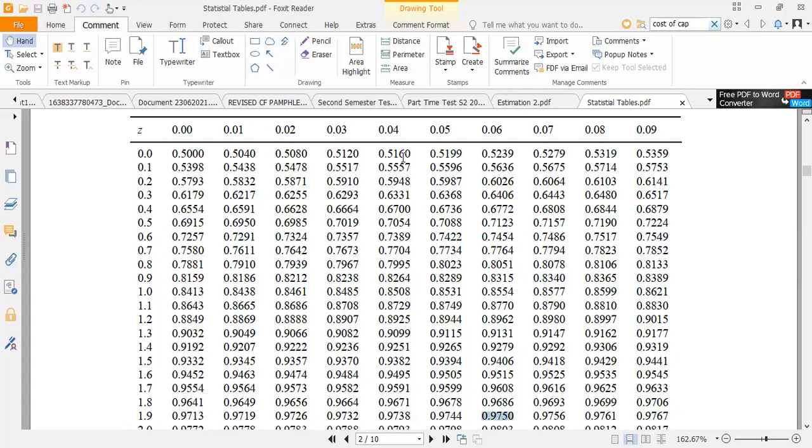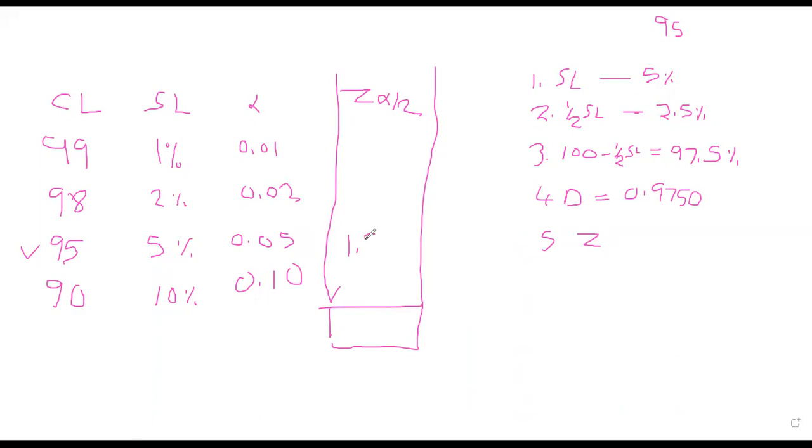If you don't find the exact figure, you find what is closer. So what is a Z at 0.975? 1.96, correct. So this is where the 1.96 comes from.